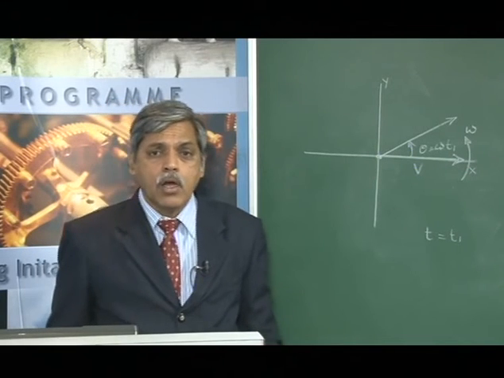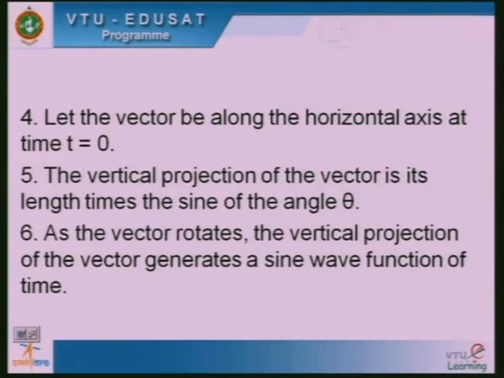Now let the vector be along the horizontal axis at t equal to 0, that is my initial position. The vertical projection of the vector, the vertical position of the vector, is its length times the sine of the angle theta.